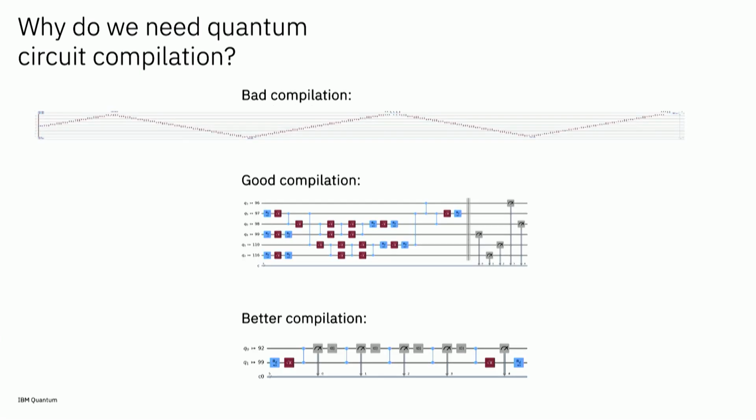And if we compile it with 3 different settings in Qiskit, we have a terrible compilation where you can't even make out individual gates, and I had to go to some effort to make Qiskit do it that poorly. A good compilation, which I think is with the default settings now in Qiskit 1.3, and then a better compilation where I went to some effort to get Qiskit to generate the best circuit I could come up with. But that doesn't mean it's the absolute best. It's the best I could come up with, which is why I called it better.